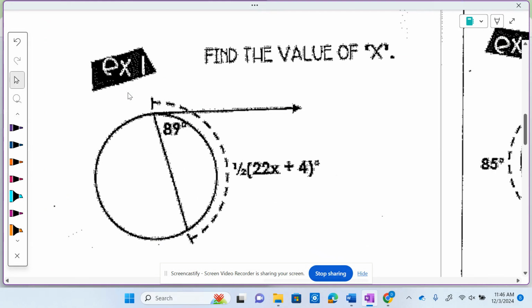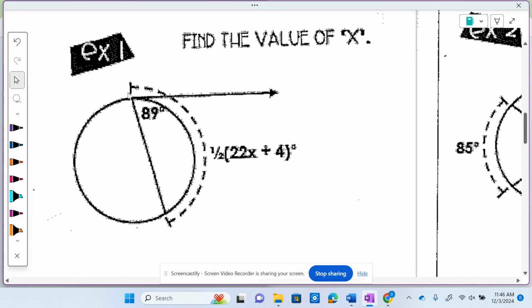Example number 1 asks us to find the value of x. This is a tangent, and this is a secant. So this is theorem number what? Yeah, this is the first theorem that we learned.